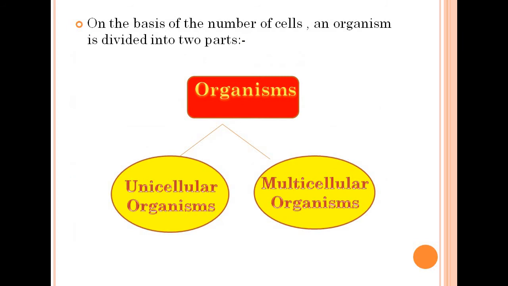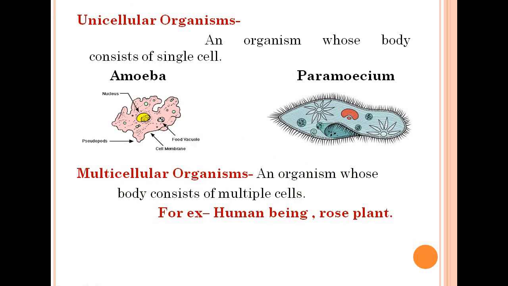Now, on the basis of the number of cells, organisms are divided into two types: unicellular organisms and multicellular organisms. We will study what these are. Unicellular organism: an organism whose body consists of a single cell. Means what?